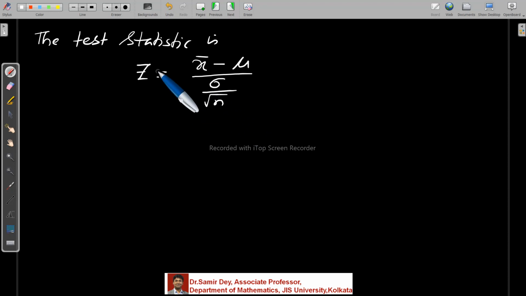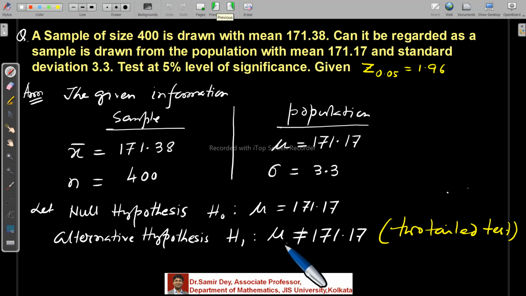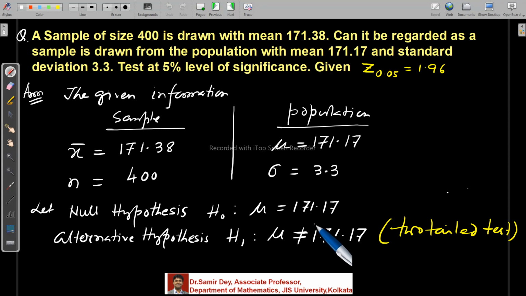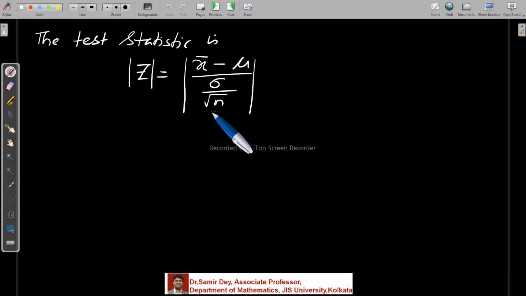Clear? So this is the formula. But here you can see, you have considered not equals to. So in that situation you need to calculate mod. Is it clear to all of you why I am taking mod? Because you have not equals to in the alternative hypothesis, that's why you should consider both.